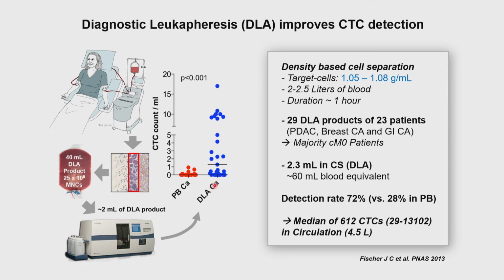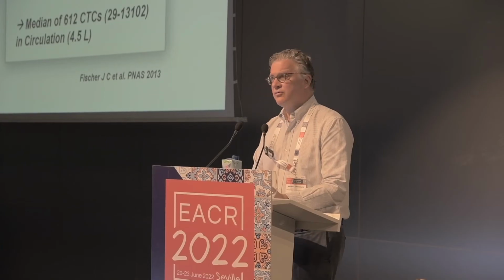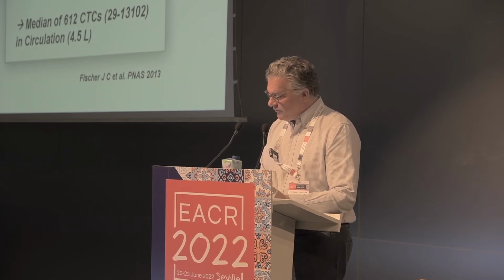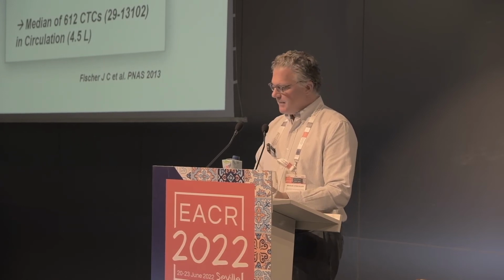And what we found was that although we just analyzed a tiny bit of the leukapheresis product, we already saw a significant increase in CTC numbers, but also, and that was important, in the detection rate.